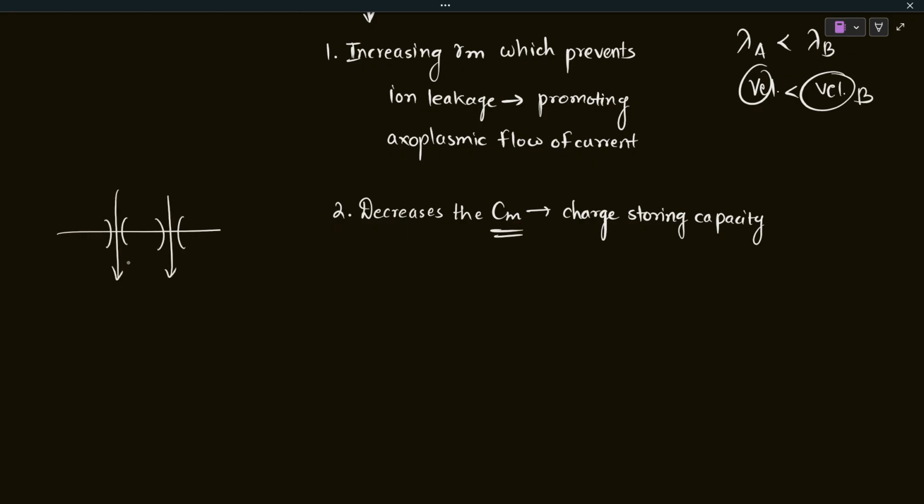Through the open ion channels, there will be some ion influx or some ion efflux. So this will speed up the depolarization. So due to the increase in the depolarizing capacity of the membrane, the conductive velocity will be high.